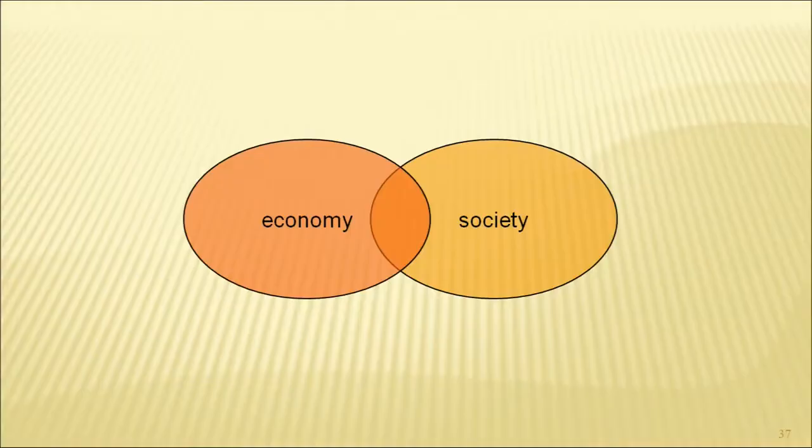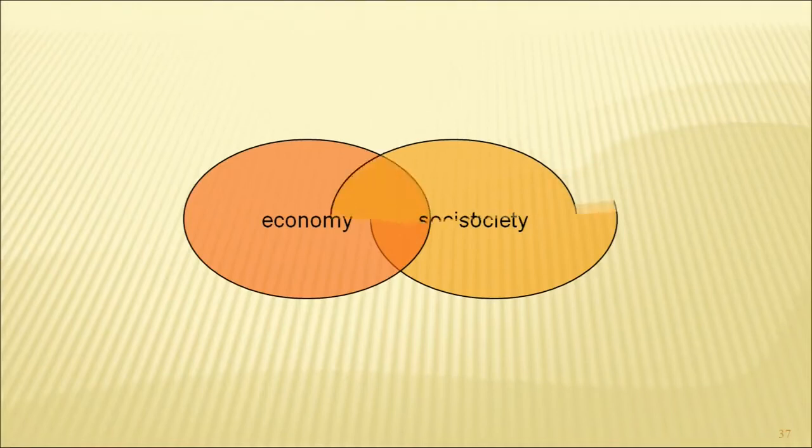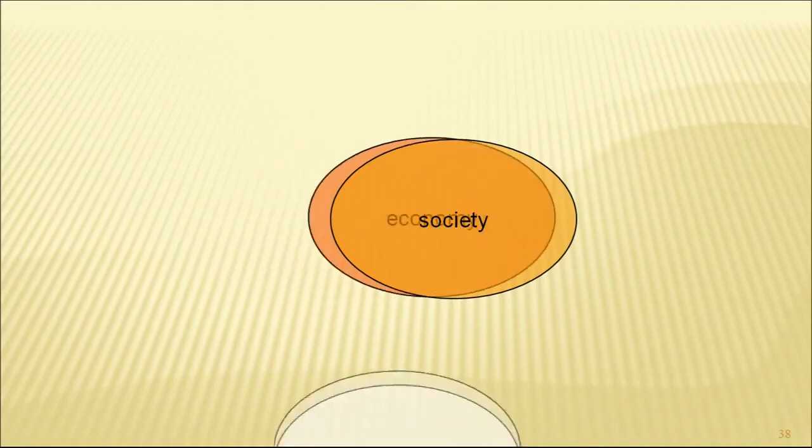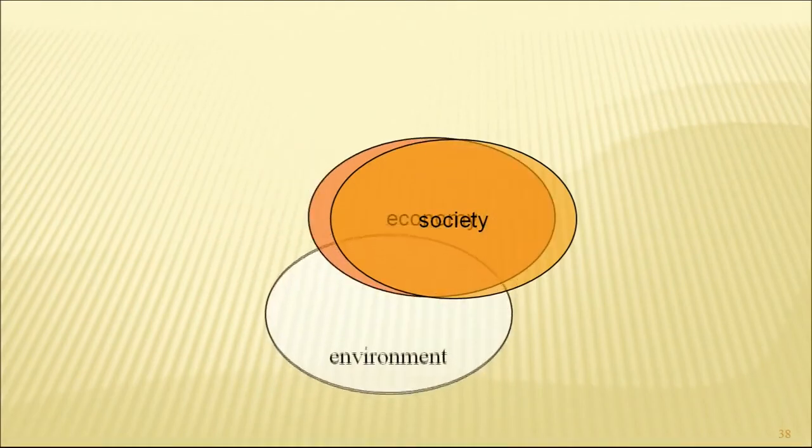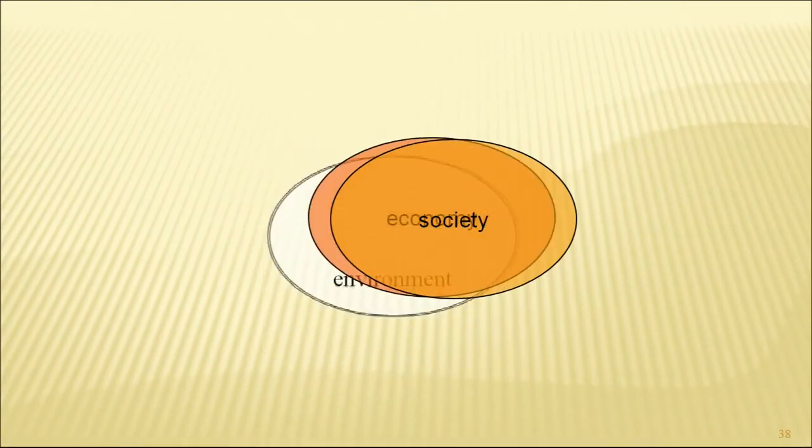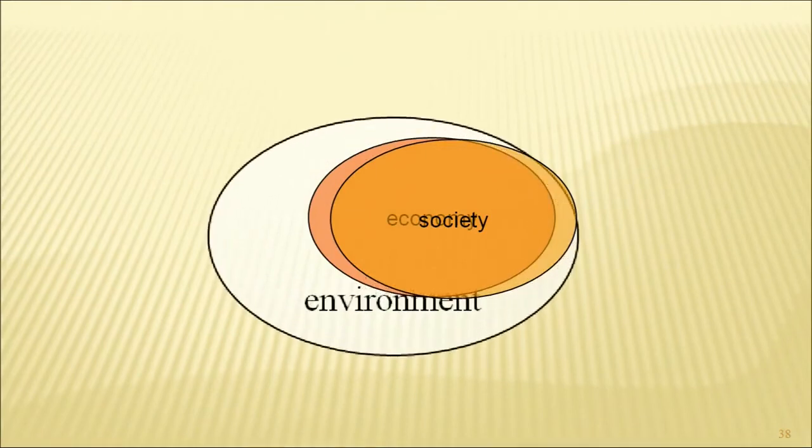So conservation has been a part of Indian tradition and lifestyle, and therefore when it comes to sustainable development, striking a balance between the economy and the society, you remember the three circles where we started, and we said the outermost circle is that of the environment. It is the environment that needs to be saved if we want to save our economy and society.